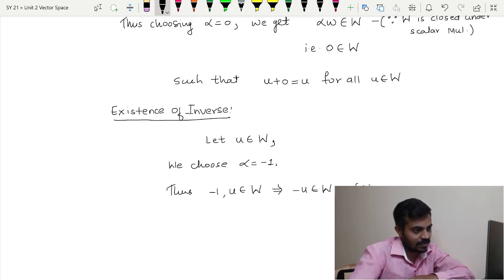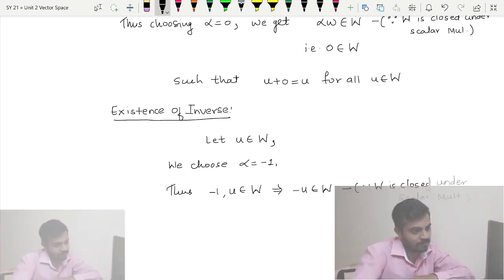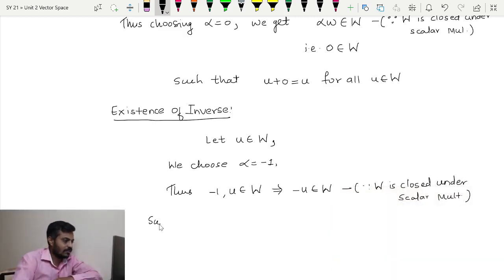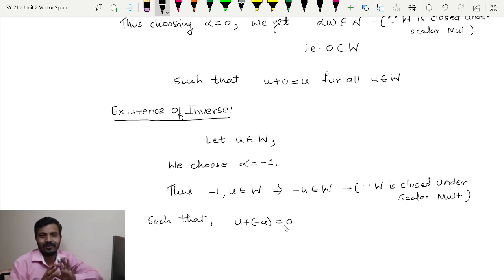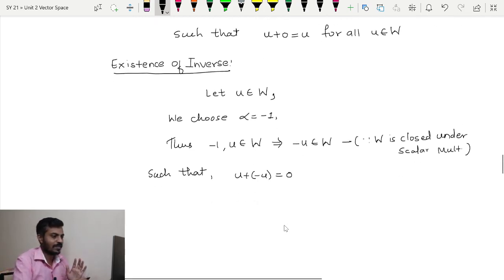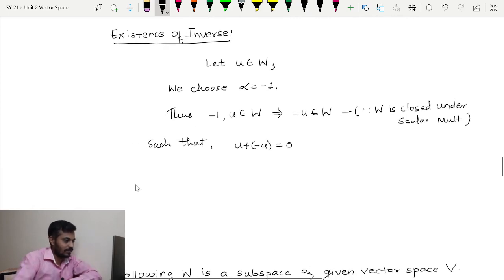The reason is the same, since w is closed under scalar multiplication, such that u plus minus u is equal to 0. As I told you before, this is going to be satisfied, no need to worry about that. So we have proved that all those 8 properties are also satisfied, thus W is a subspace of V. Therefore W is a subspace of V.